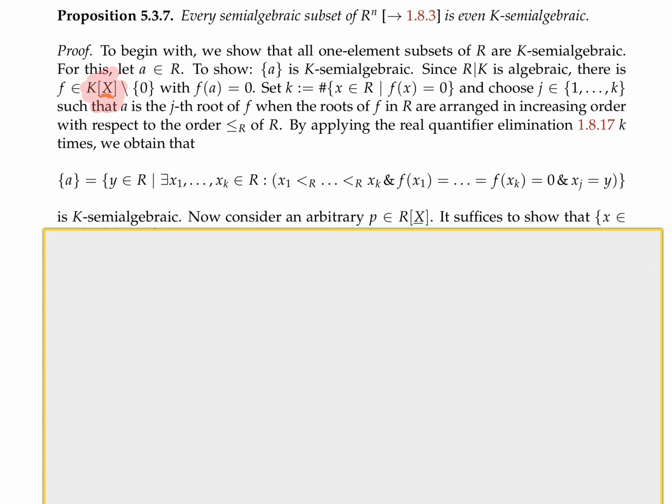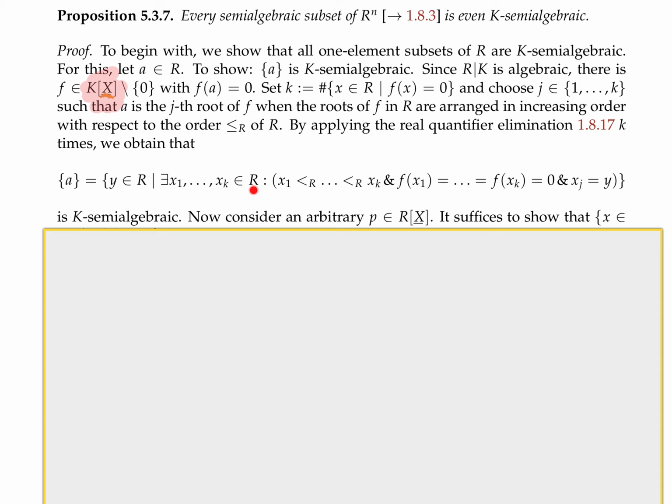Namely, I can define it with quantifiers by saying it's the set of all y in R such that there exist k elements x1 to xk from R such that x1 is less than x2, x2 is less than x3, and so on, and all xi are roots of f, and xj is y. Right? So this can be written down with k quantifiers.